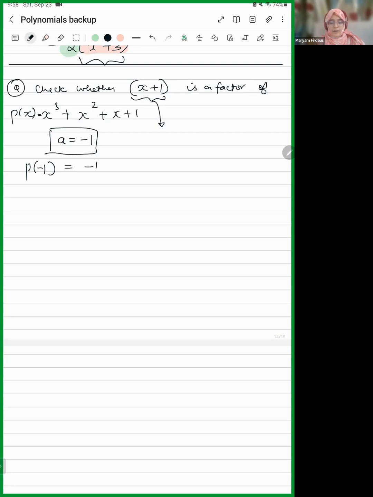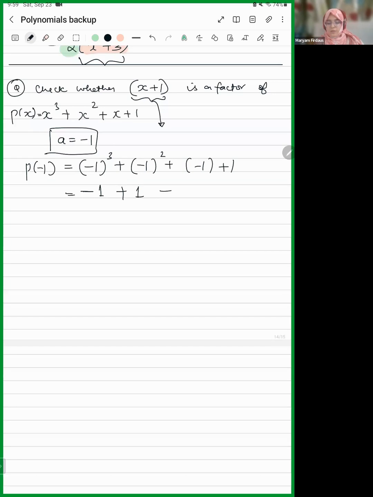That's -1 plus 1, -1 plus 1, so these will get cancelled. You see, when you have the sign -1, negative, and you raise it to an odd power, the answer will be negative, and if it is an even power, it will be positive.